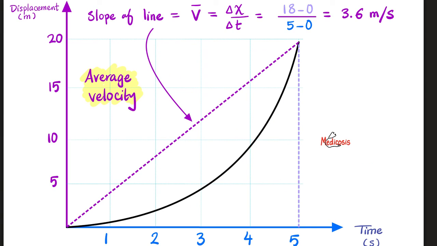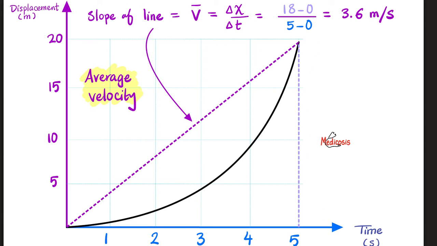Now look, instead of instantaneous velocity, let's calculate the average velocity. If you want the average velocity, you have to take all of it into account from the beginning to the end. To get the slope of this purple line right here, where is my delta y? Here's the delta y. Where's the delta x? Here's the delta x. So the slope of this line, or average velocity, is delta x over delta t, the change in displacement over the change in time.